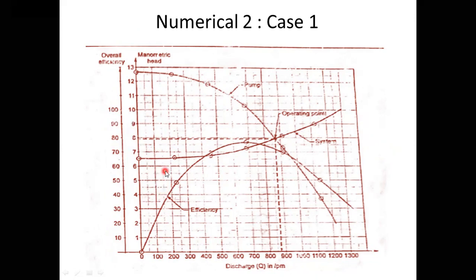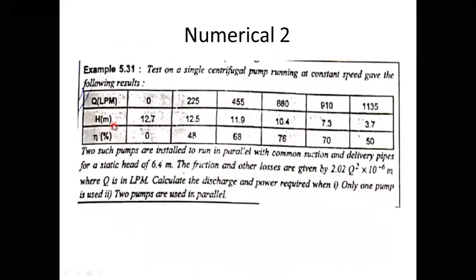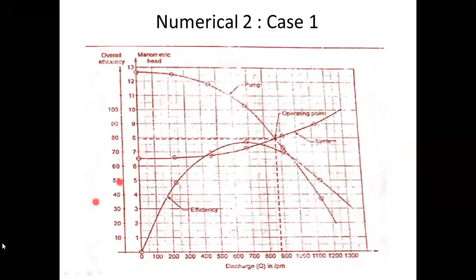Initially we can plot the pump curve, that is head versus discharge, and the system resistance curve, that is head versus discharge, and separately we can plot the overall efficiency curve, Q versus efficiency. Okay, so this is the third curve.